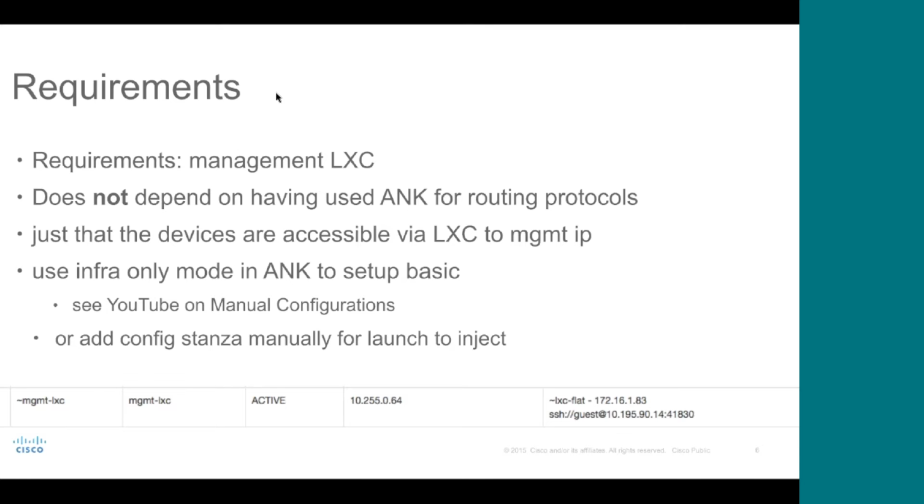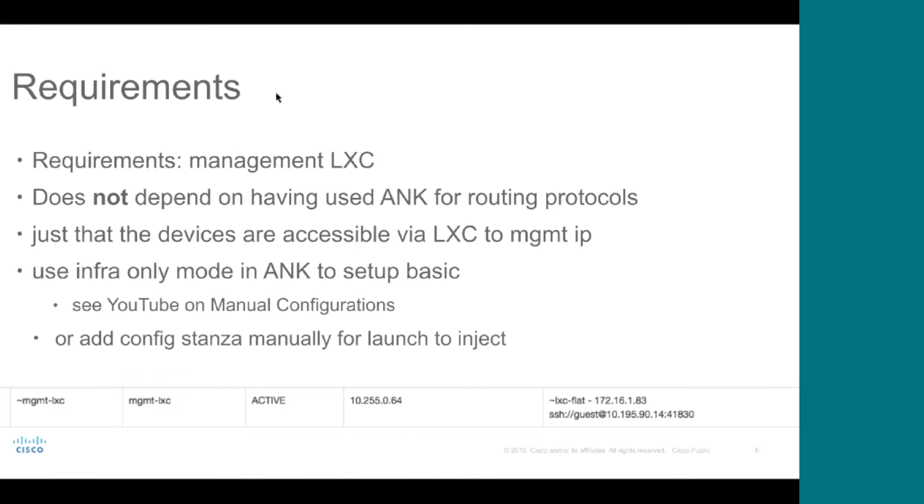But in something like Chrome or Firefox or Safari, it should work well. Now, you don't need to have used Autonetkit to set up your OSPF or BGP or whatever routing protocols you're using. The only important thing is that you have out-of-band management access, so the management Ethernet interface that can get through from the LXC. So you need to have a management LXC running when you launch the topology, which is what we use to log into the devices and collect the information, and then the ability to log into those devices.